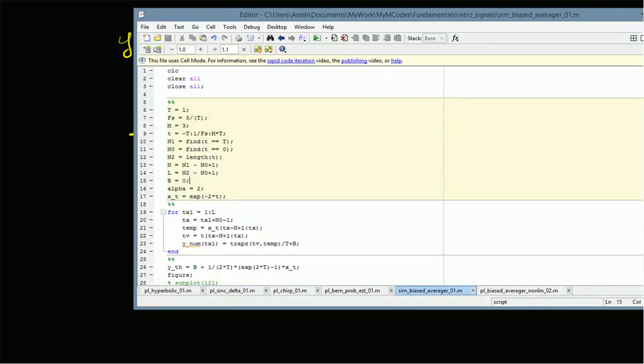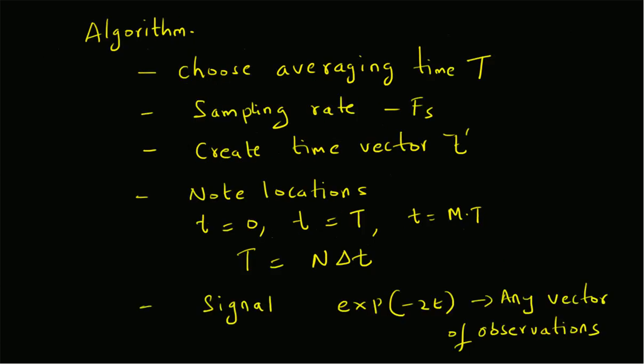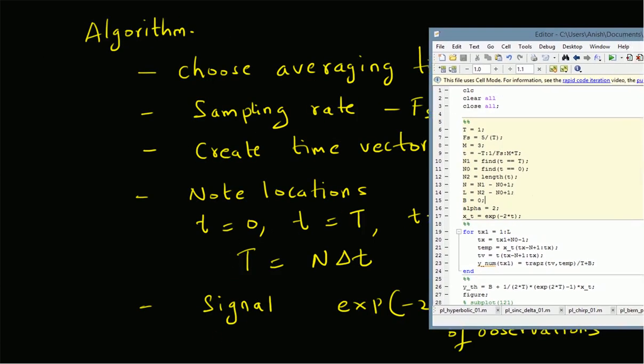Now let us look at the MATLAB code. Our goal is to implement this averager, so we develop an algorithm. We choose the averaging time T, and then we choose the sampling rate, and then we choose the length of the total interval, the value of m, so that we can create a time vector.